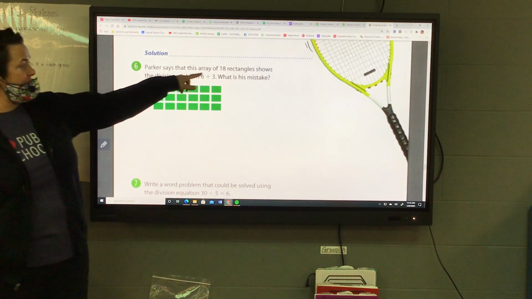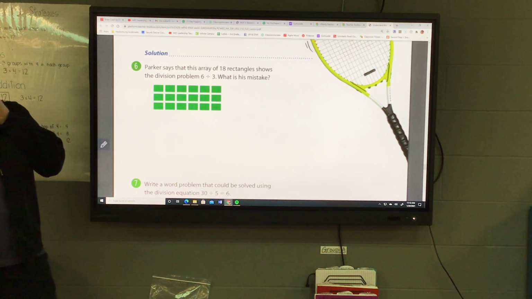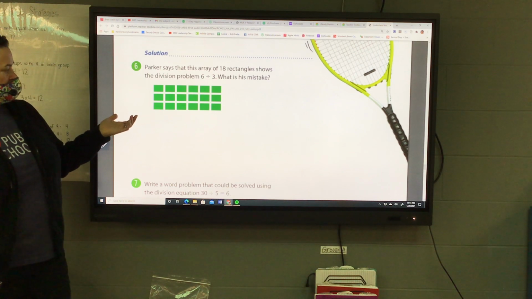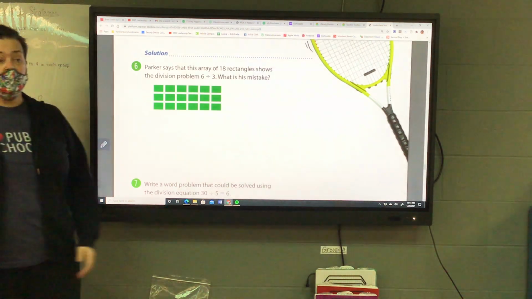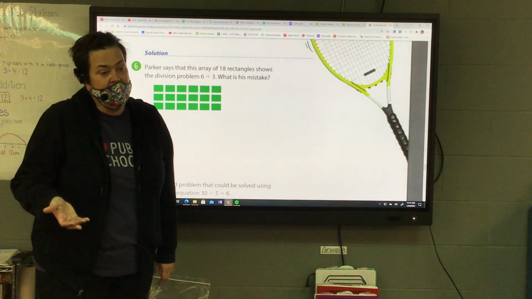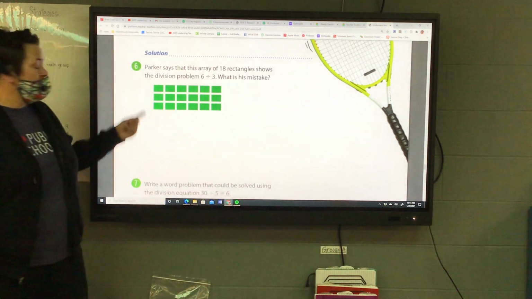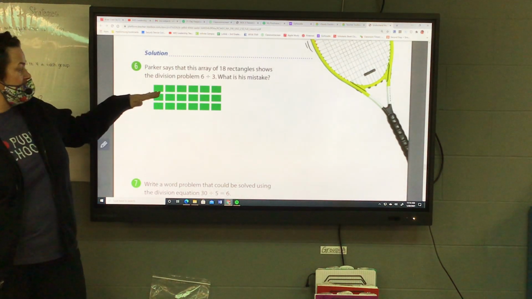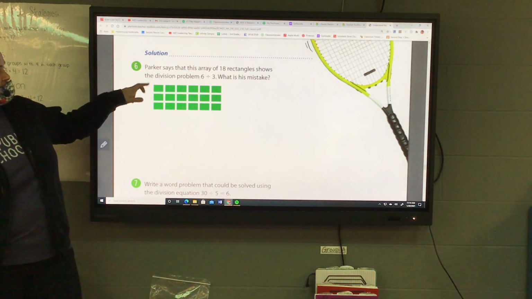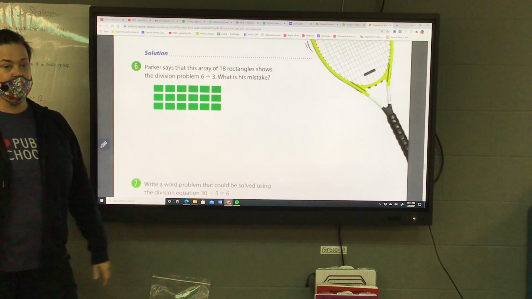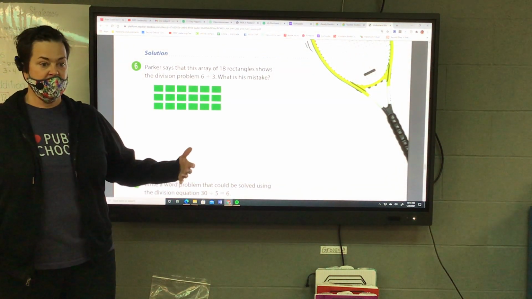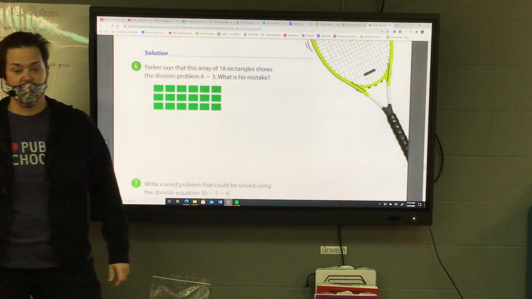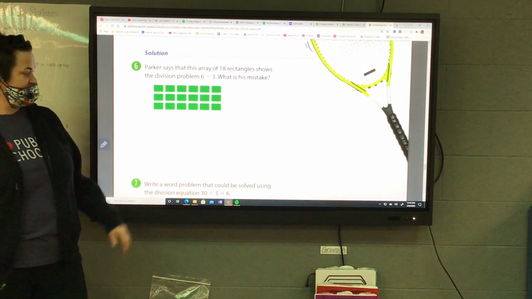He should have said 18 divided by 6 equals 3. Or he could have said 18 divided by 3 equals 6. This is actually showing 18 divided by 3 equals 6. So his mistake was not using the right amount to start with in his division problem.